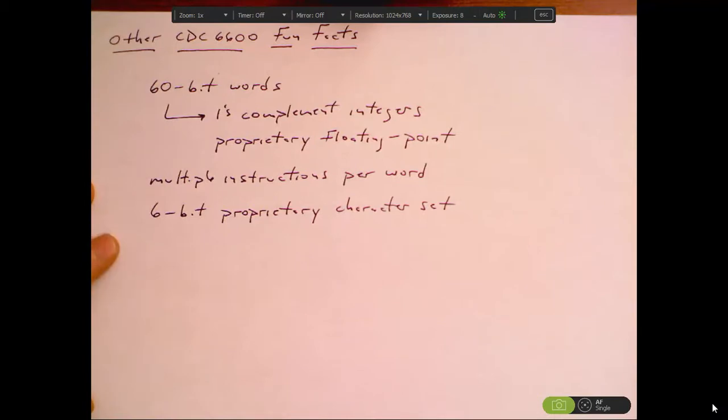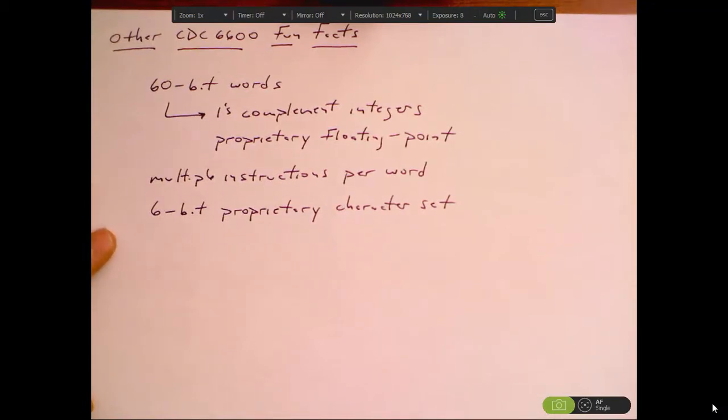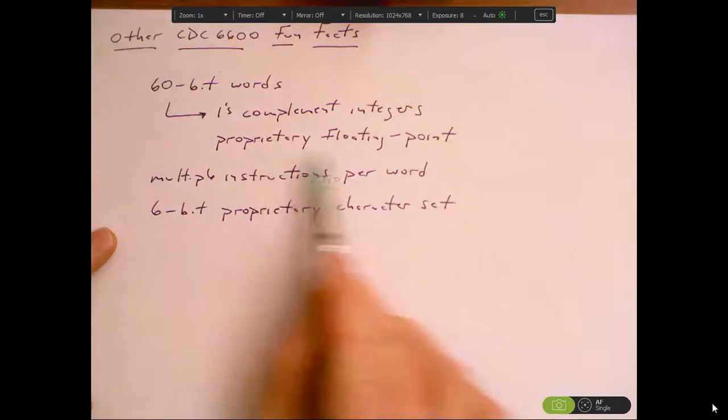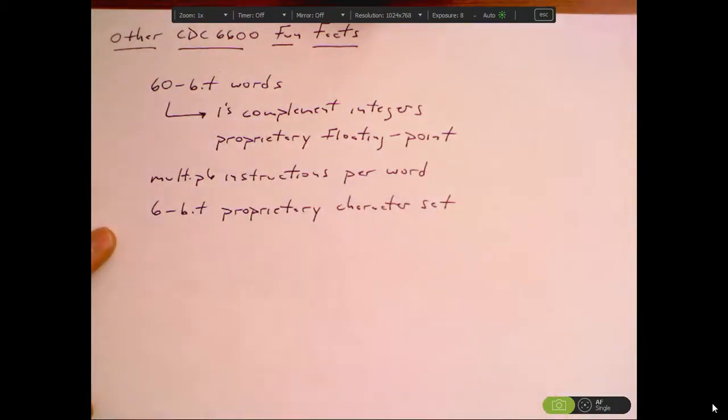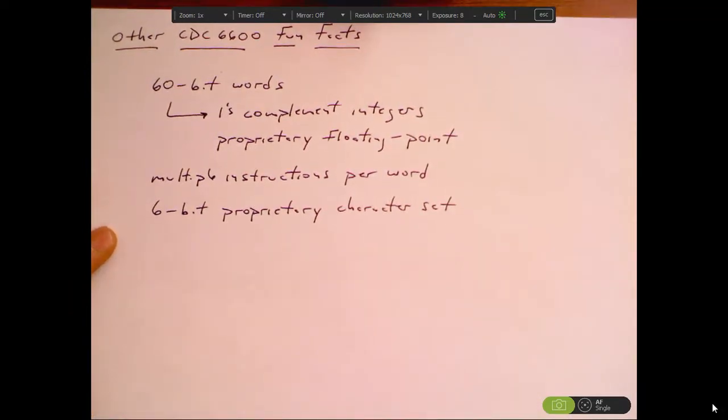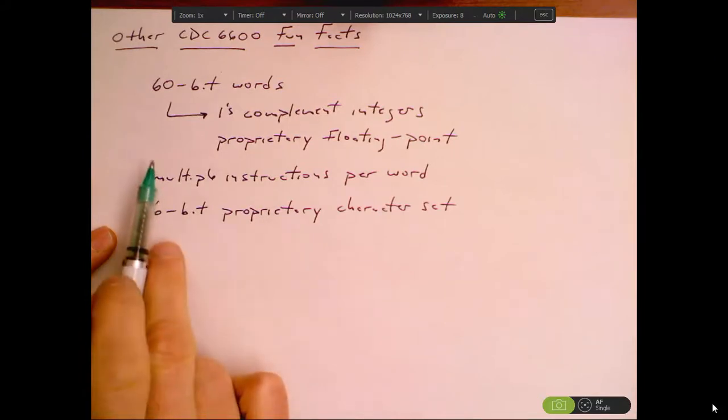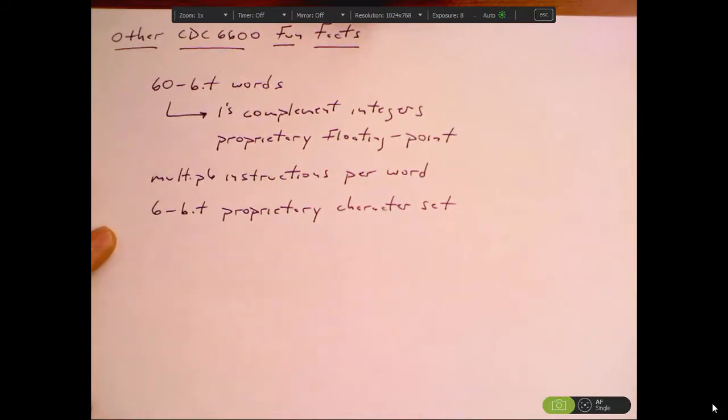That seems strange by modern standards because there are two zeros, if you go back and think about ones complement. And it had a proprietary floating point, which of course was not unusual for the era, but it did have floating point. It had a relatively short list of instructions. It certainly wasn't going to use a full 60 bits to encode instructions.